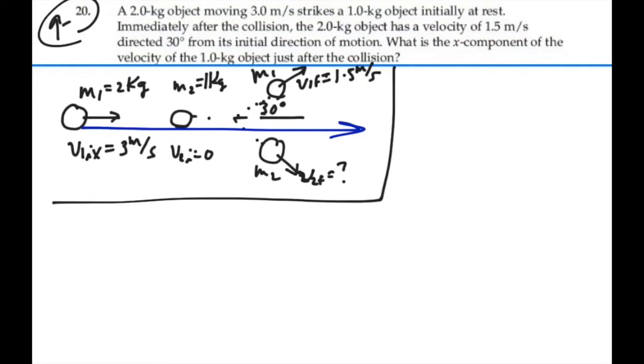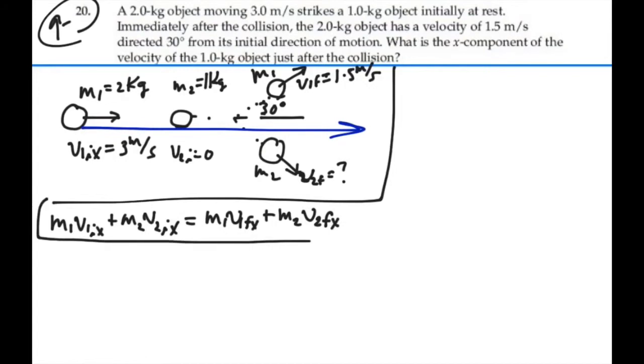So our conservation of momentum equation will look like this: mass 1 times velocity 1 initial in the x direction plus mass 2 times velocity 2 initial in the x direction should equal mass 1, velocity 1 final in the x direction, plus mass 2, velocity 2 final in the x direction. That's our one equation to rule them all, only dealing with the x directions.